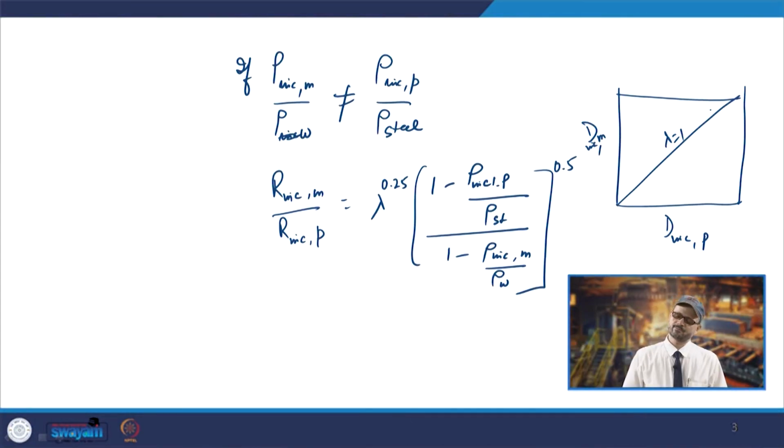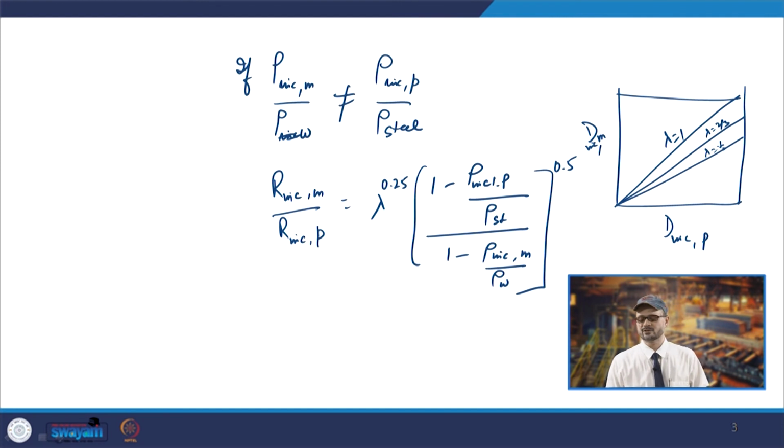So, for lambda equal to 1, as you see, it will be the slope of 1. So, it will be the same line, and you may have different values, like lambda is 2 by 3 here, then lambda as 1 by 2 or so. So, this way this relationship can be presented.